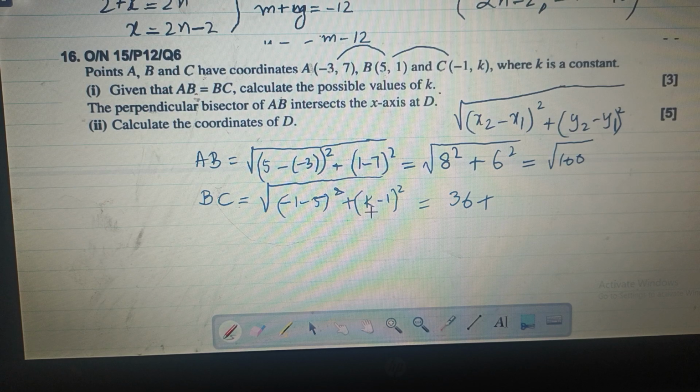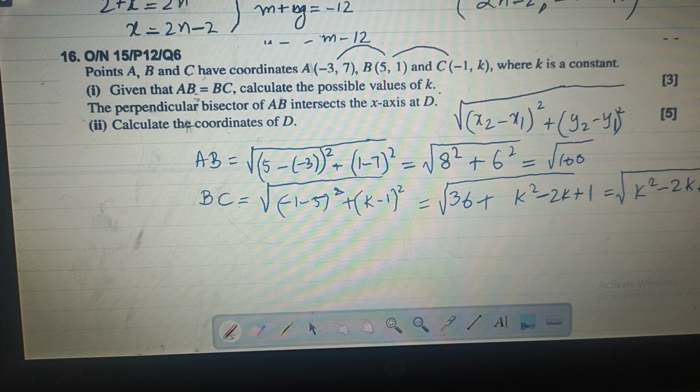Plus, according to the algebra identity, k minus 1 whole square will be written as k square minus 2k plus 1. So I'm taking it under root. Now simplifying it more, it should be written as the root of k square minus 2k plus 37.